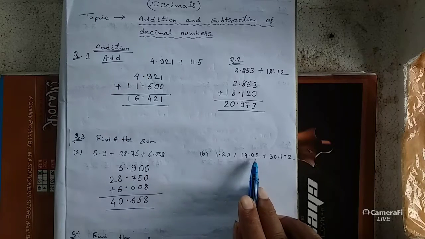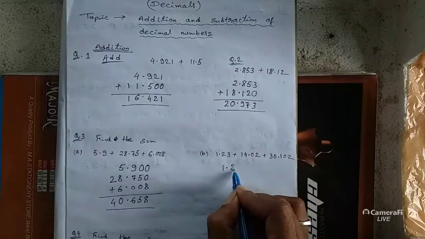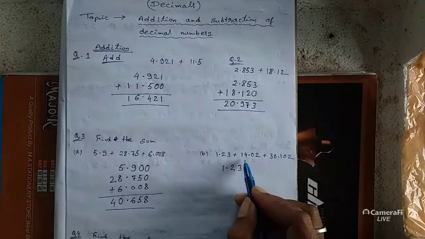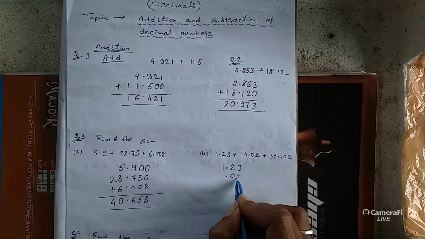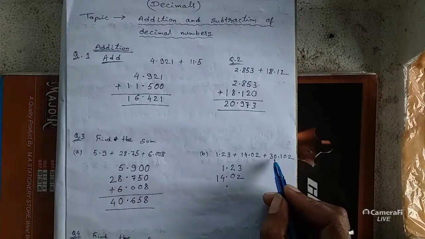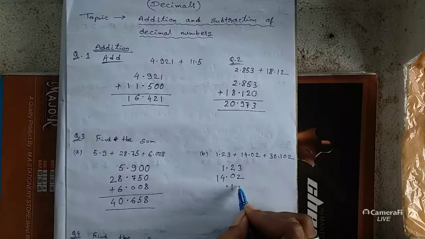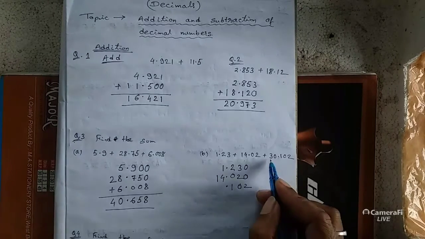Second problem: 1.23 plus 14.02 plus 30.102. First number 1.23, second number 14.02, point just below the point. Third number, decimal at the decimal place, 30.102, here 1 0 2, vacant place here 0 0, 30.